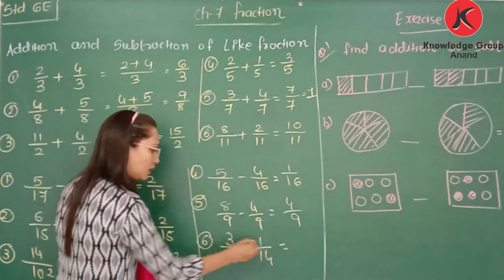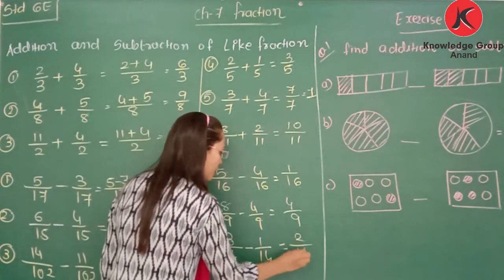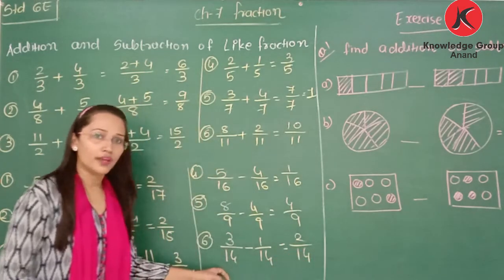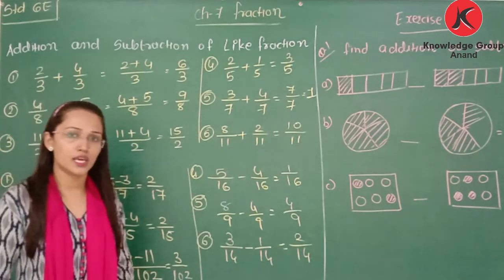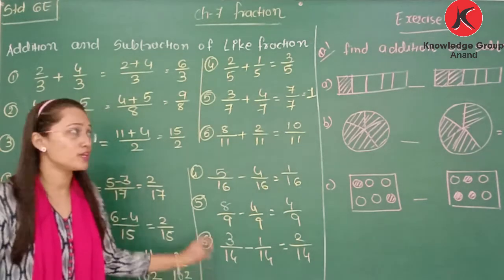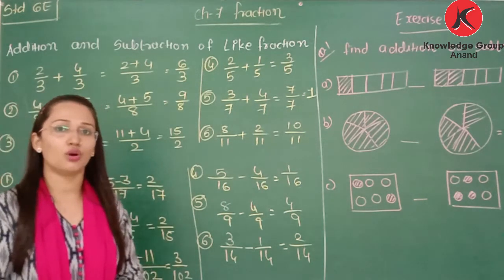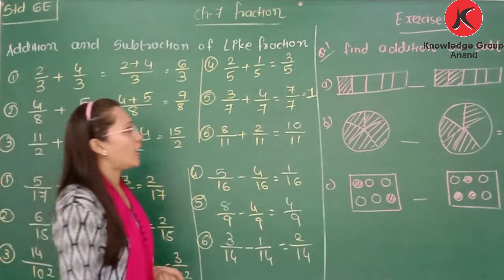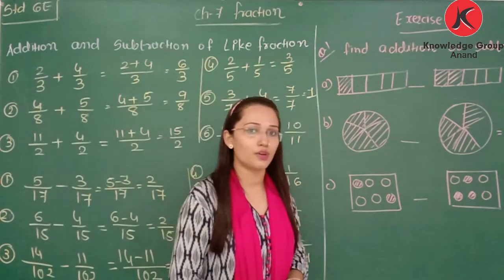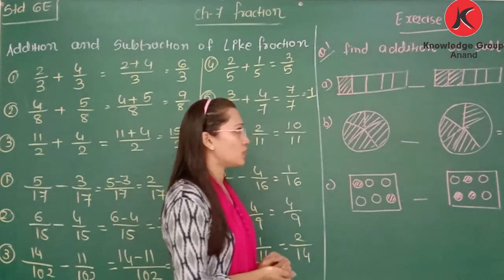Now here 3 minus 1 that is 2 by 14. When the denominators are the same, meaning they are like fractions, then you can directly perform the addition or subtraction of numerators. Now here we will start exercise 7.5 with question number 1.